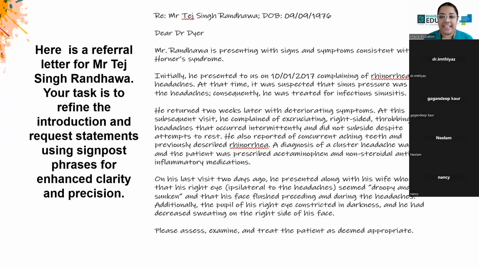So how would you add precision to the introduction as well as the final paragraph is what you will have to identify. We learned the statements for both of these in the table. Think about it and then decide. You will have to just write the statement for the introduction and the statement for the final paragraph in the chat box. There is no hurry. Take your time, read carefully, and then identify. You will have to enhance the introduction as well as the final paragraph.